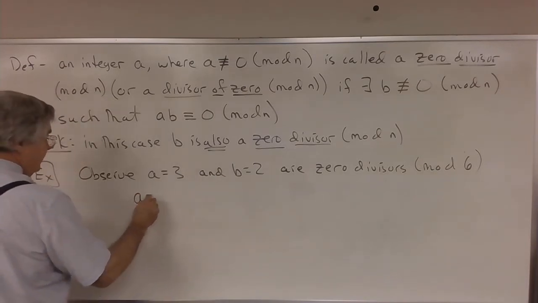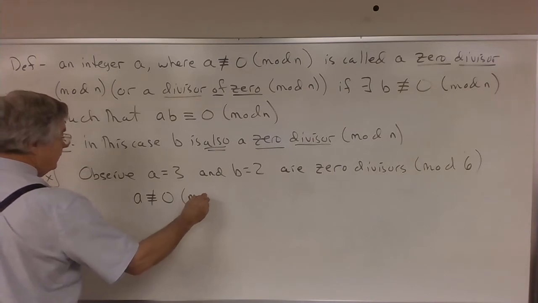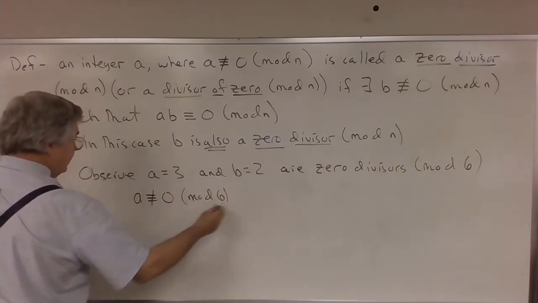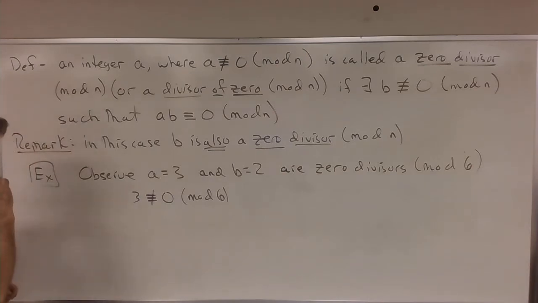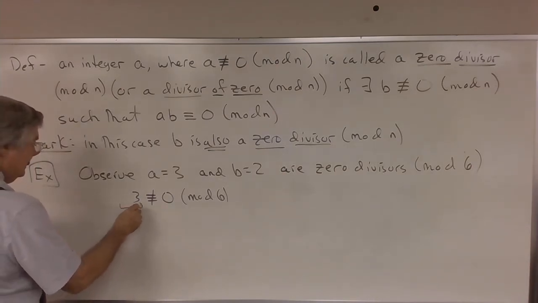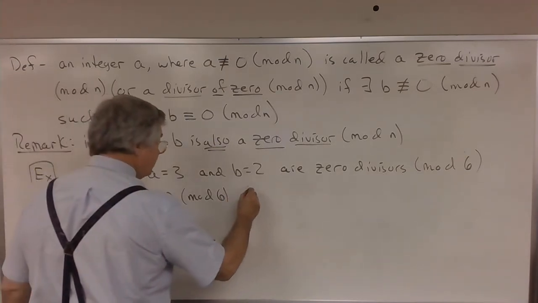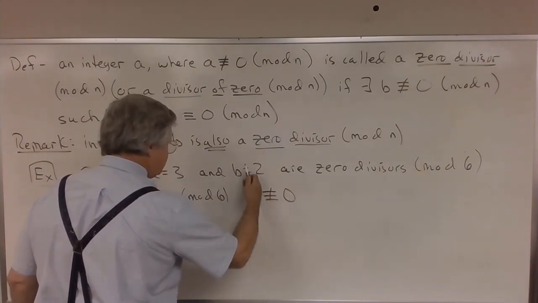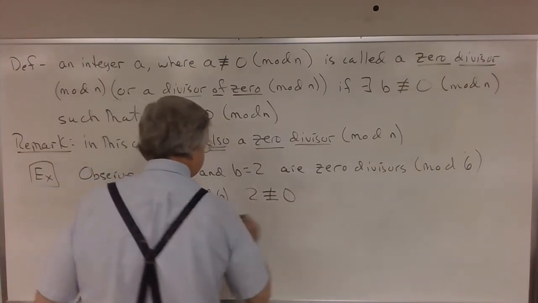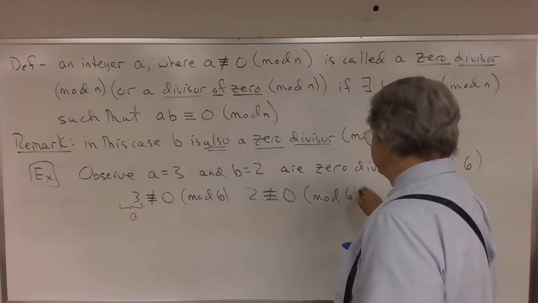And a is not congruent to 0 mod 6, and b is not congruent to 0 mod 6.